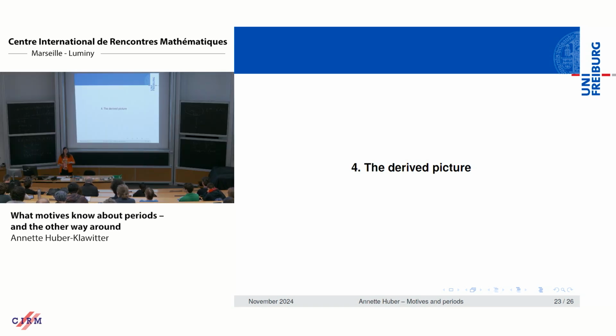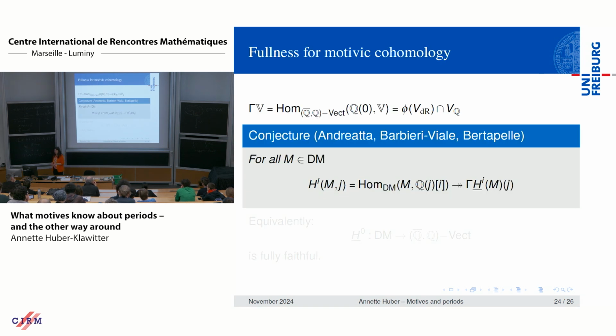So we started with what the periods are and how they can be rewritten in terms of motives, and then from the period conjecture you get a fullness conjecture for the Hodge–de Rham realization. And now we want to upgrade this to a functor on the derived category, a functor on DM, and ask about fullness there.